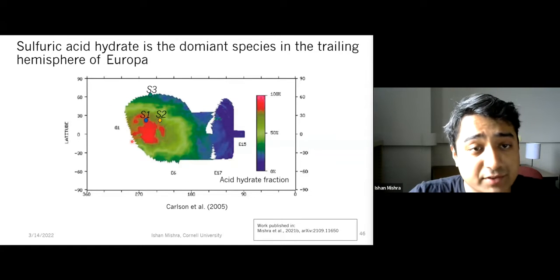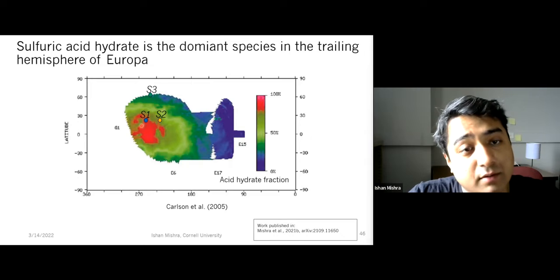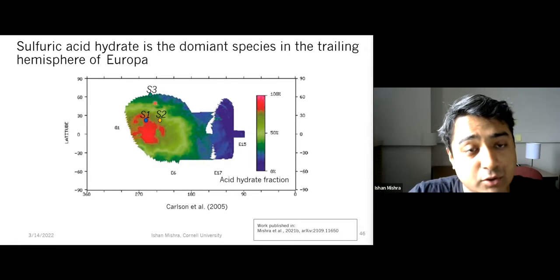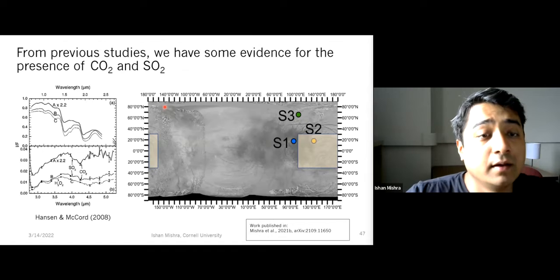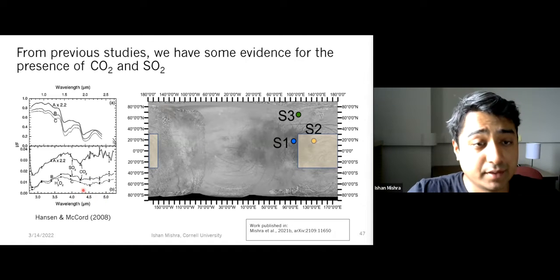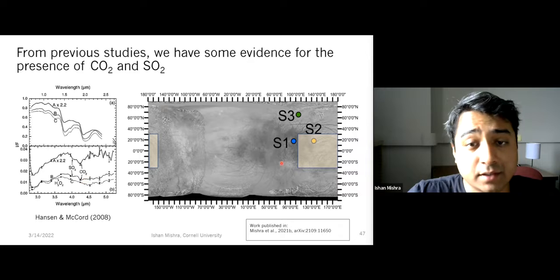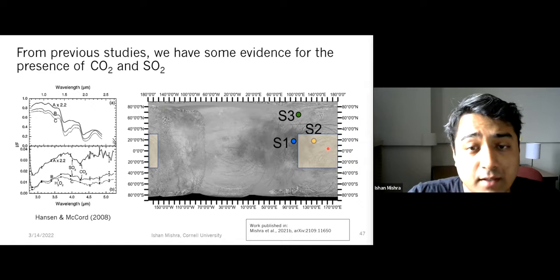Just for reference, our data comes from here. One of the data sets comes from a region of high discoloration, versus the other 2, which come from slightly outside those regions. Carbon dioxide and sulfur dioxide, in this work by Hansen and McCord, were found to be present in certain parts of the trailing hemisphere and the anti-Jovian hemisphere.